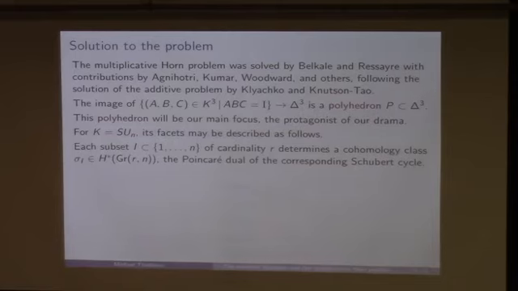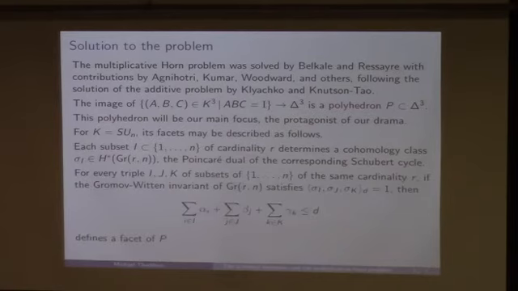And I can take the Poincare dual of that class, which is in the cohomology. And then whenever the corresponding degree d Gromov-Witten invariant of the Grassmannian, of the triple sigma_i, sigma_j, sigma_k, is exactly equal to 1, not 0 and not greater than 1, then that determines a facet of this polytope P.